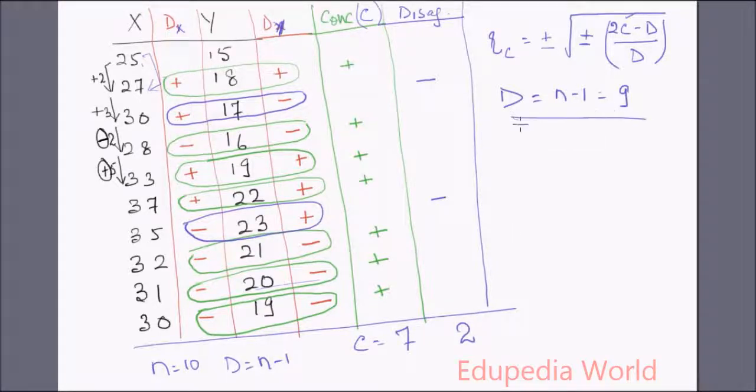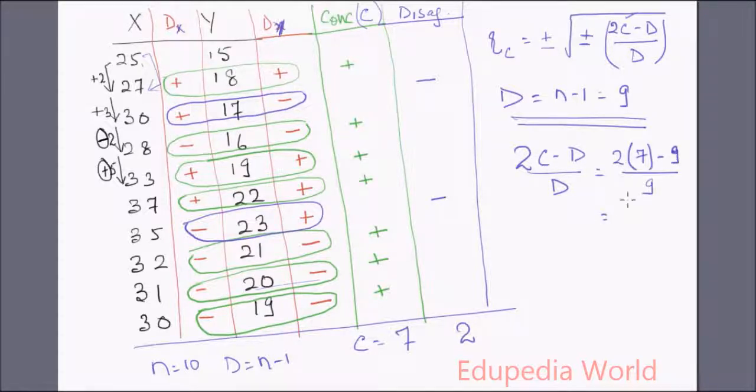Is that clear? Okay, so now coming to the formula, what we will do here is, first we will take this part alone and solve it. So it's (2C minus D) divided by D. Okay, and the value is equal to 2 times C, which is 7, minus D, which is 9, divided by 9.